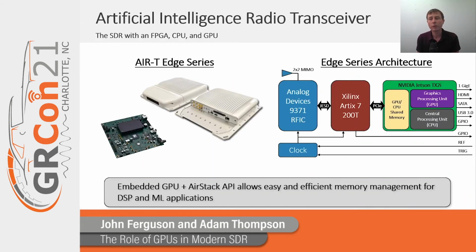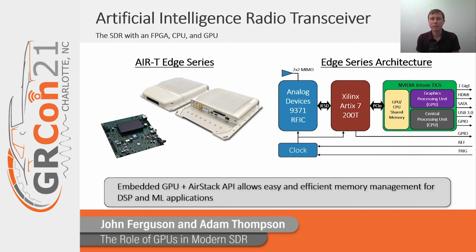The platform that we chose to implement this on is DeepWave's AirT. This platform makes it super easy to do this because it's got the built-in NVIDIA Jetson GPU. Block diagram is shown there on the right-hand side. It's got the Analog Devices 9371 chip. Data goes to a Xilinx FPGA.